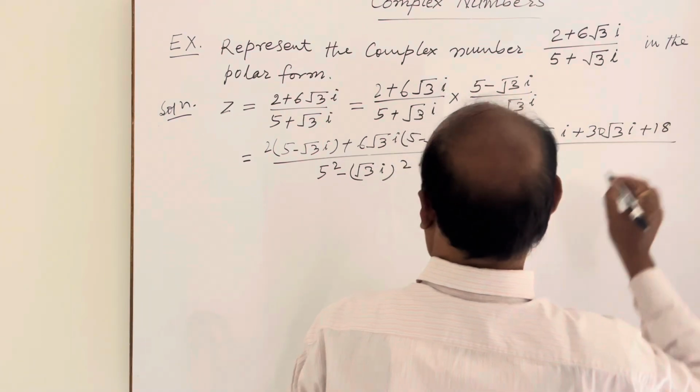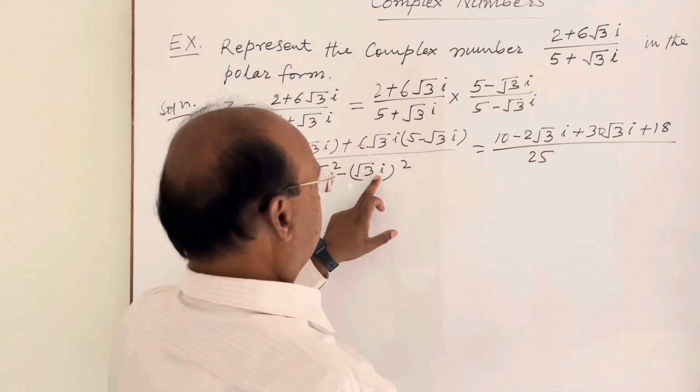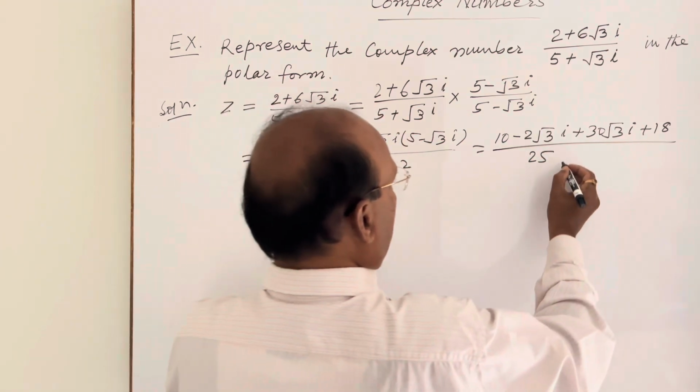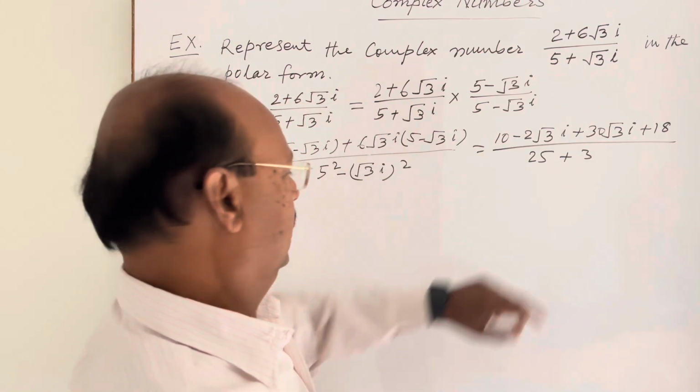And in the denominator, 5 square is 25, this i square is minus 1, so it becomes plus 3. √3 square is 3.